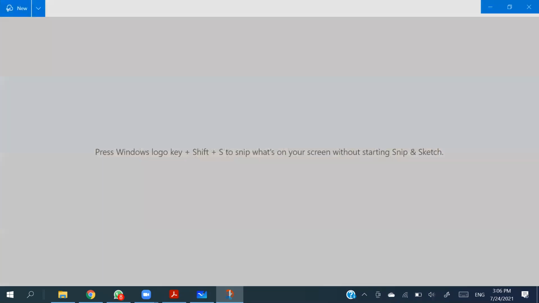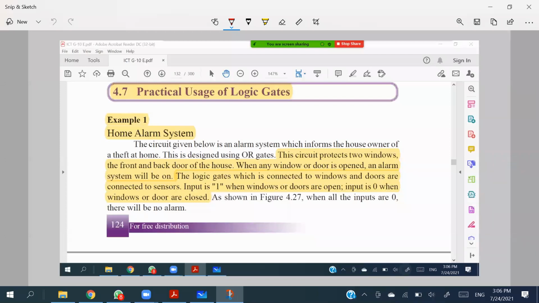And you may add the things that I'm writing on the screen now, after writing the highlighted part.